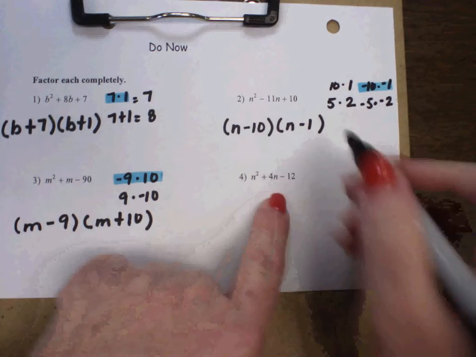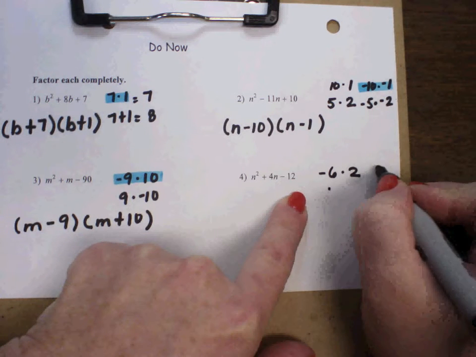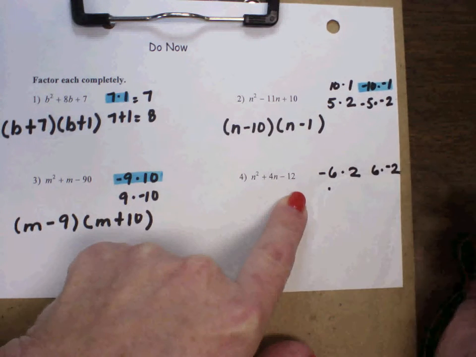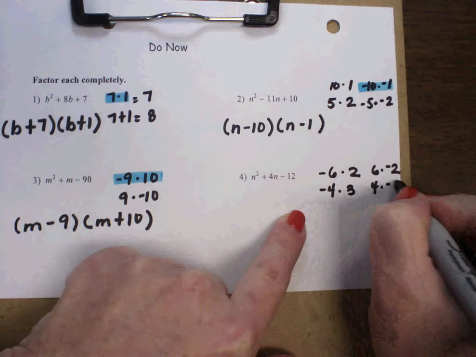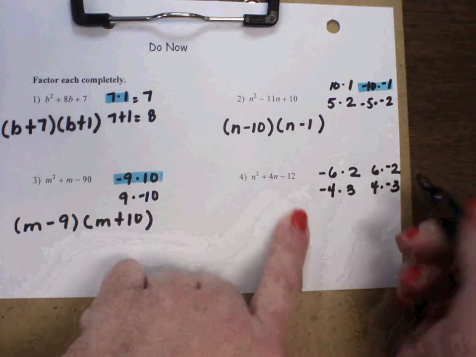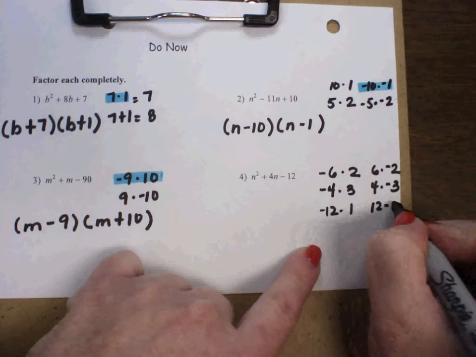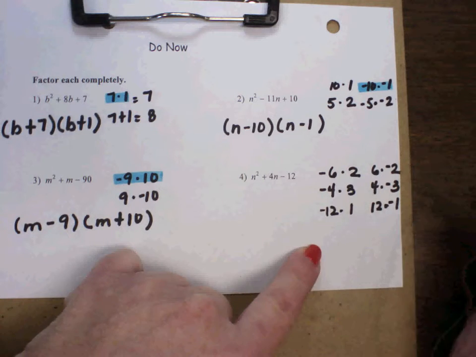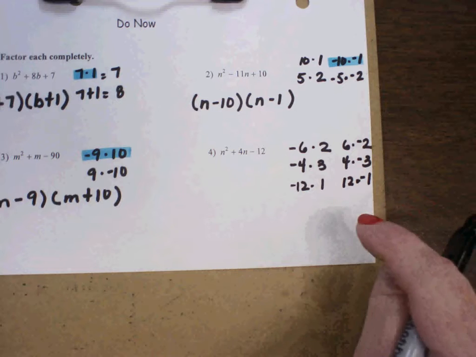All right. So for negative 12, negative 6 and 2, positive 6 and negative 2, right? I got negative 4 and 3, or 4 and negative 3. And I got 12 and 1, or 12 and negative 1. But I need a combination.